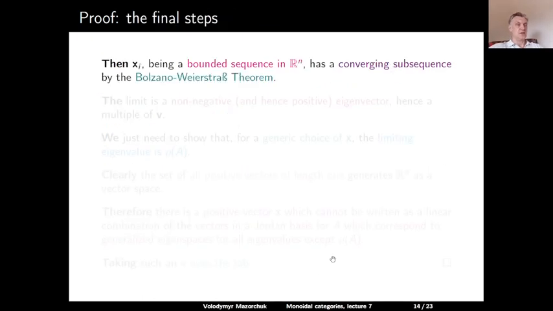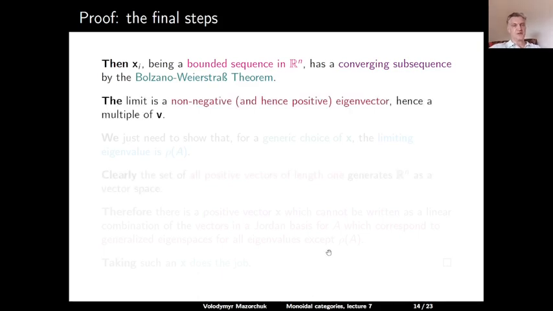So this sequence is a bounded sequence in R^n, and so it has a convergent subsequence by the Bolzano-Weierstrass theorem. The limit of this convergent subsequence is non-negative, and hence positive. We know that the eigenvectors are positive. So it's a non-negative eigenvector, and since such an eigenvector is unique, it must be a multiple of V.